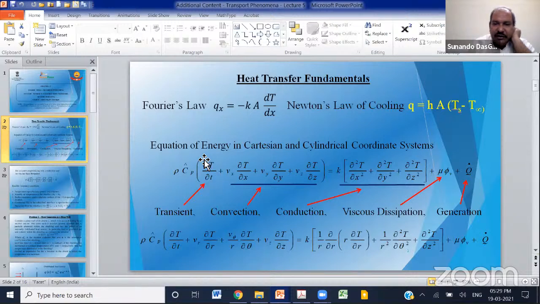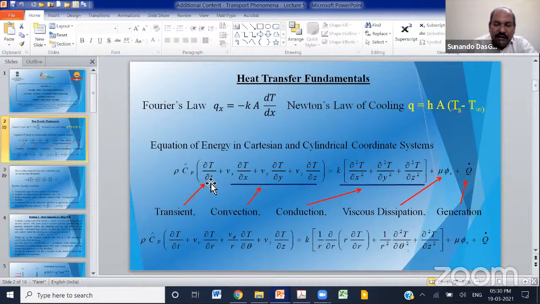So whenever a transient is present in the system, the temperature, apart from being a function of x, y, and z, can also be a function of time. The rest are the convective heat transfer terms, where Vx, Vy, and Vz are the local fluid velocities, and these are the temperature gradients in the x, y, and z directions.